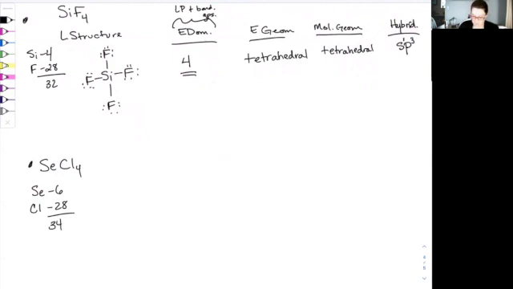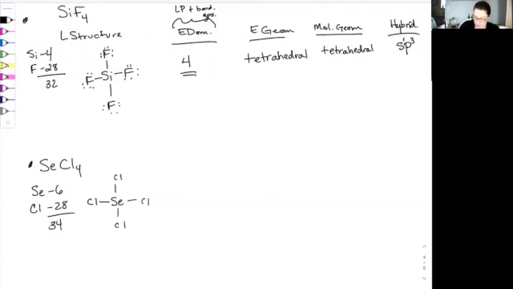Right? Please stop me if you need me to talk about Lewis structures at all. So the closest to the center of the periodic table is selenium, and we're going to put the 4 chlorines around it. So you may jump at this point and say, oh, okay, we got 4 bonding domains, we're going to be tetrahedral, and if you do that, you're going to be wrong. So make sure you go through and completely do your Lewis structure, and I'll show you why here.